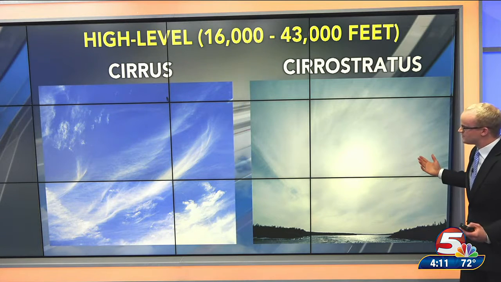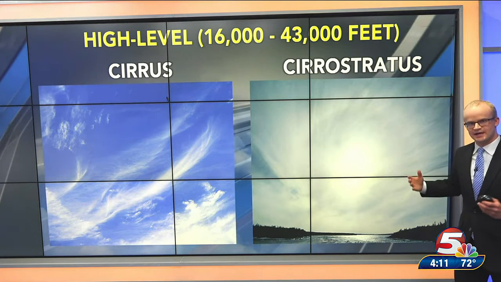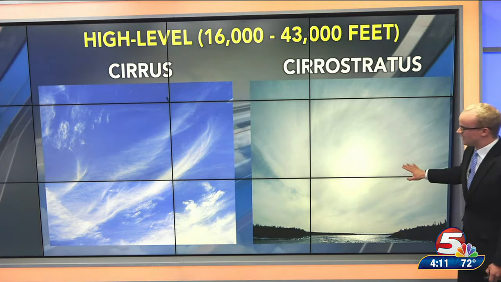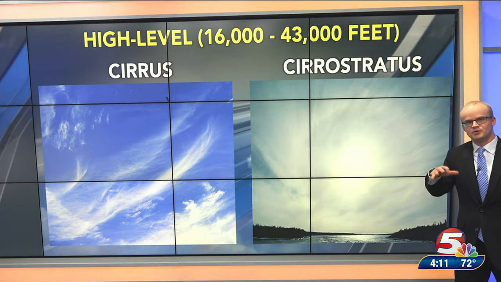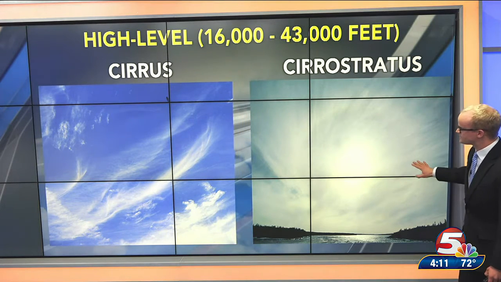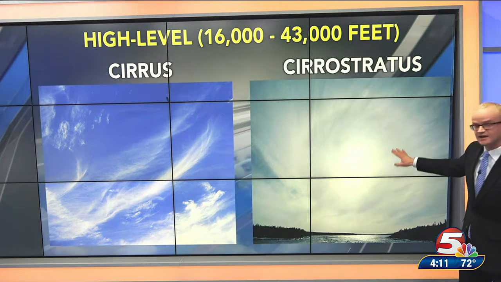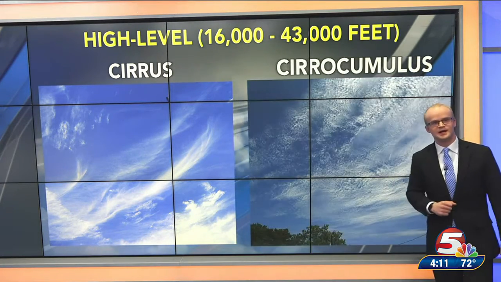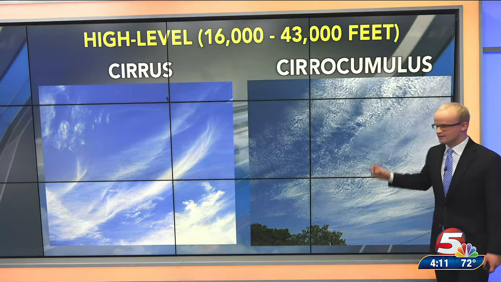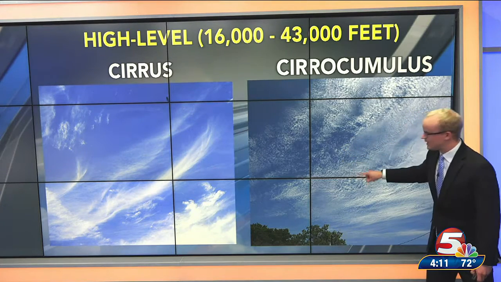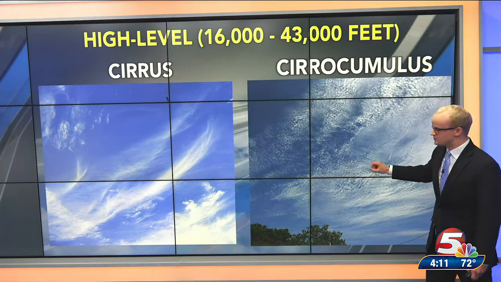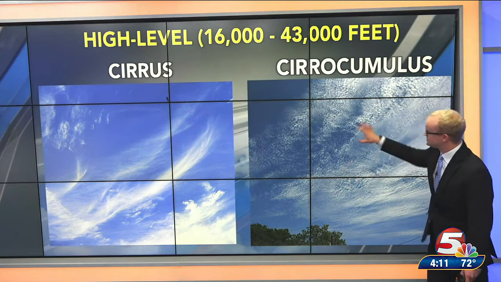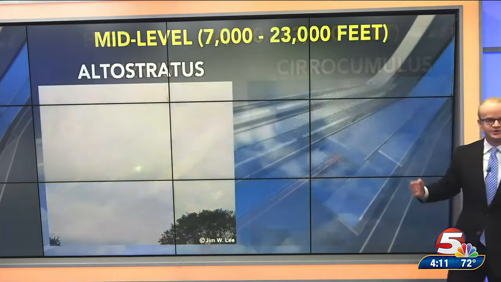They fill the whole sky with a cloak or veil-like appearance and can make the sun look a little milky because of that thin veil of ice crystals way high up in the atmosphere. Cirrocumulus clouds are similar, but they're broken up a little bit more, so those ice crystal splotches are more regularly spaced.